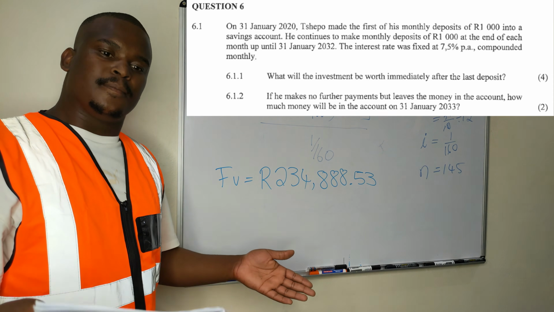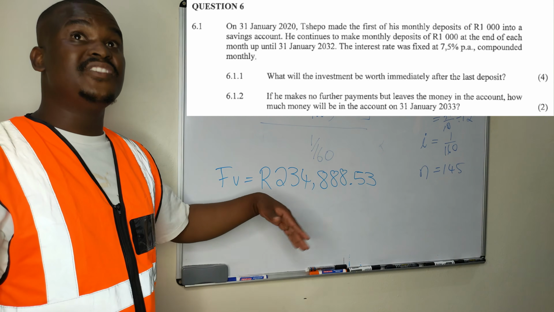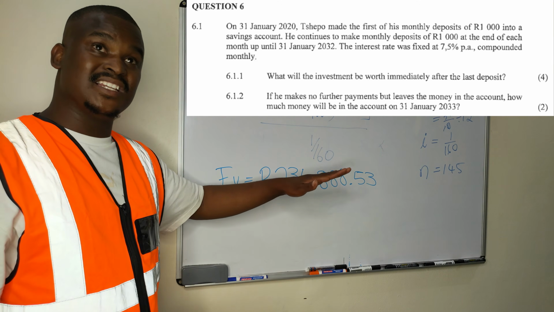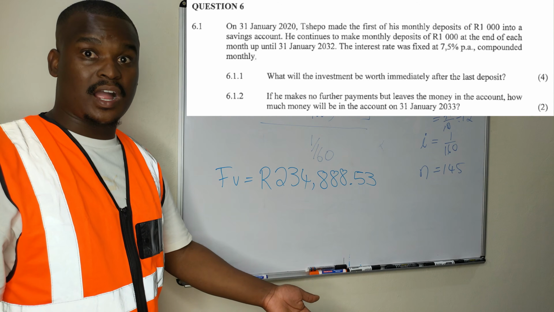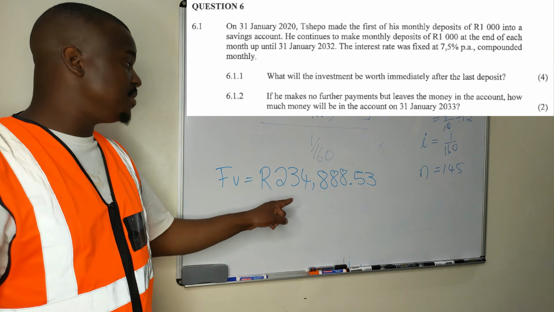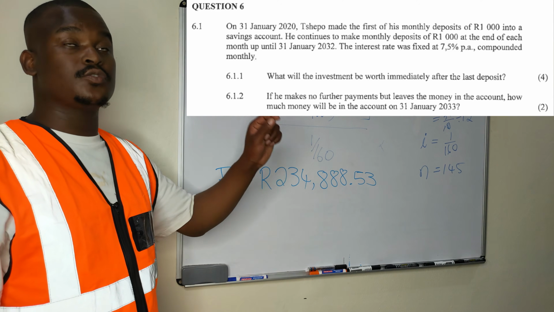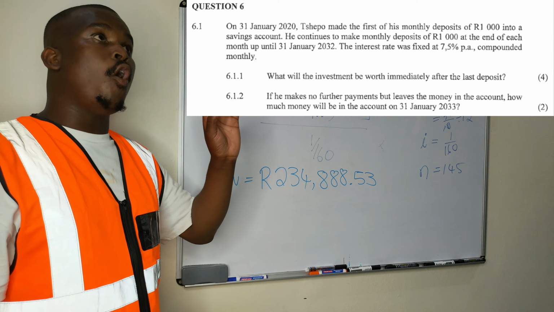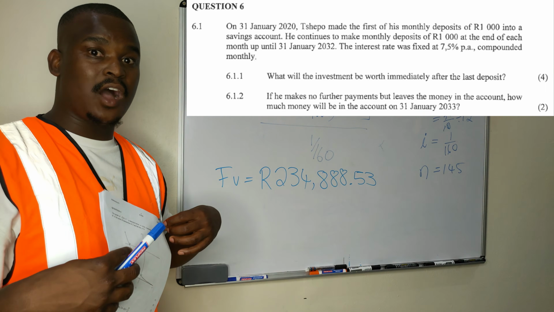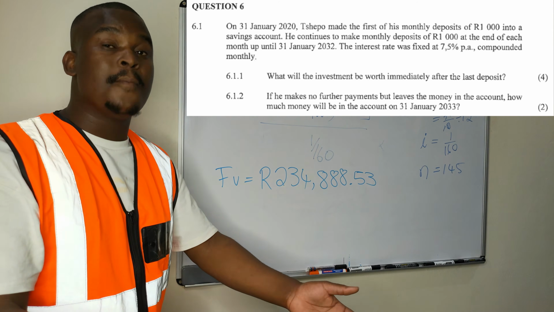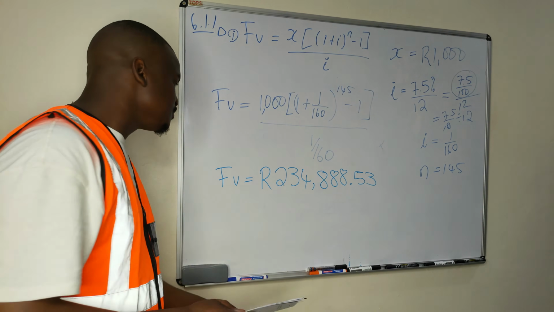What will the value of this money be if it is left for an extra 12 months in the savings account? You're not taking anything out, you're not putting anything in, but at the same rates.